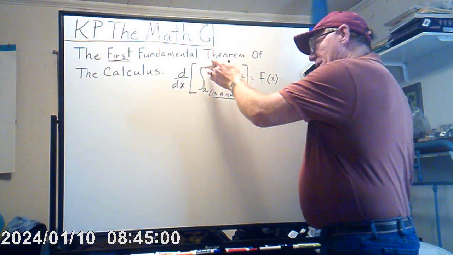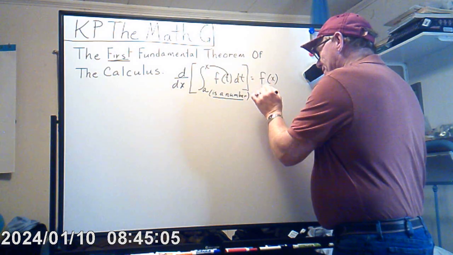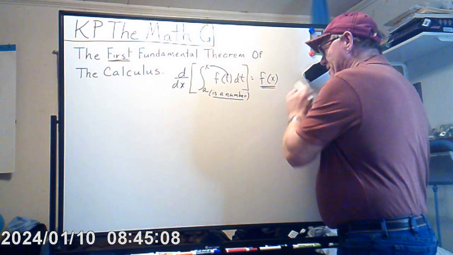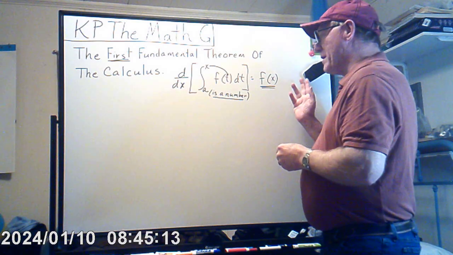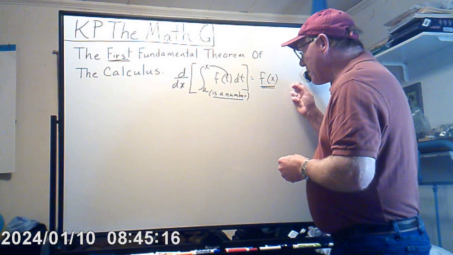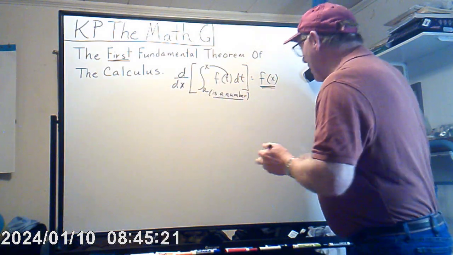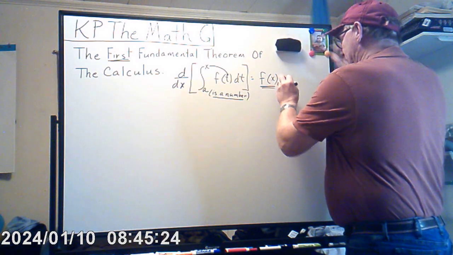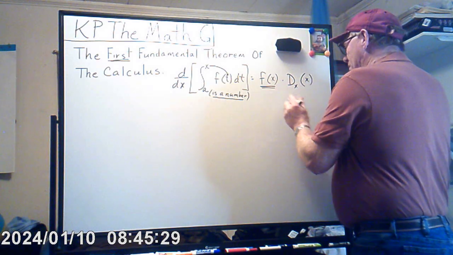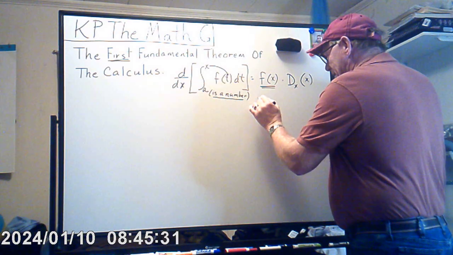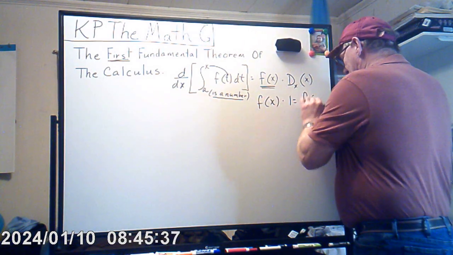All you're doing is plugging x into this t right here, and you have f at x. Now, why do you not have minus f at a? Well, it's simple, because f at a is a number and the derivative of a constant is 0, so all you're left with is f of that variable. Now we really want to add a little extra to that, times the derivative of that variable, but the derivative of x is just 1, so it's just f at x times 1, which is just f at x.